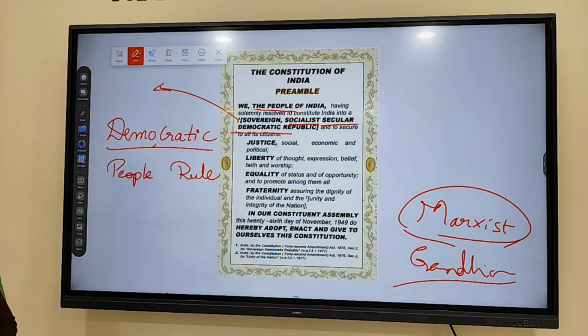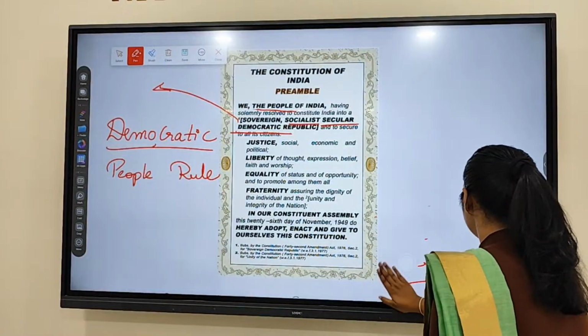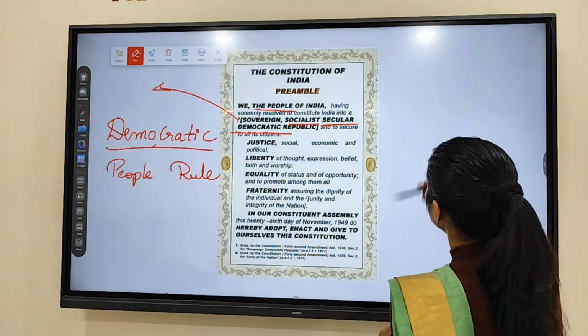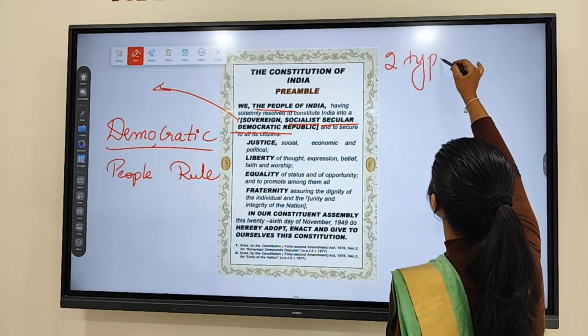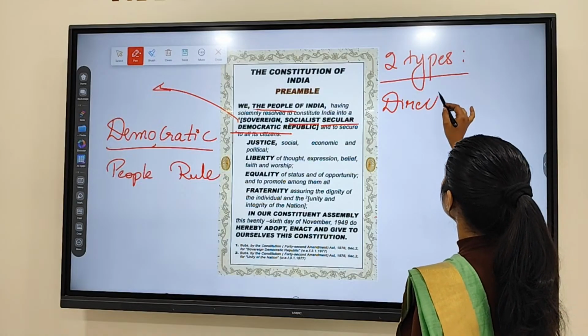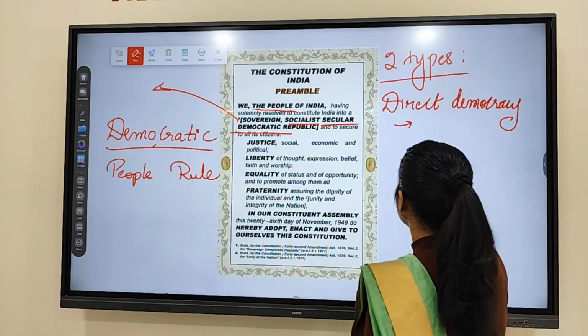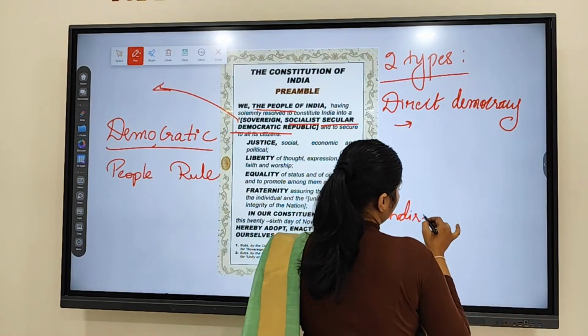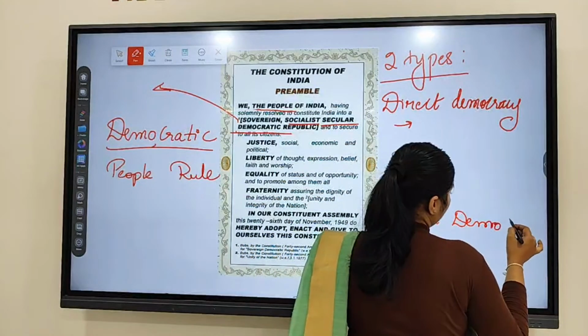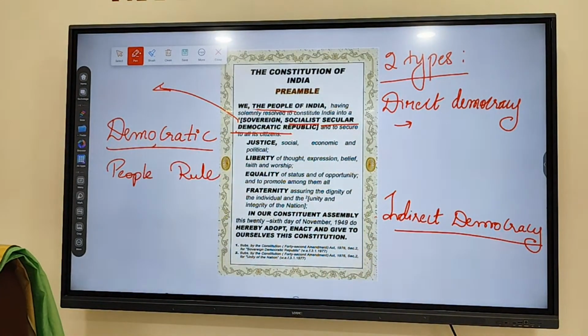Democratic, people's rule. We have two types of democracy in India. Just write down two types of democracy. One is direct democracy. The next one is indirect democracy.